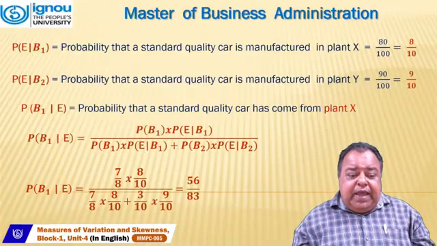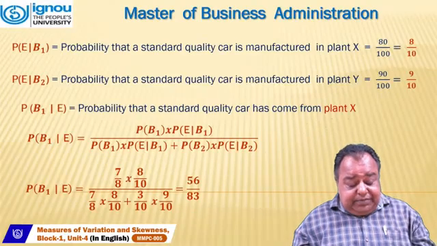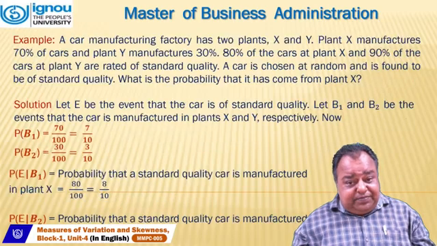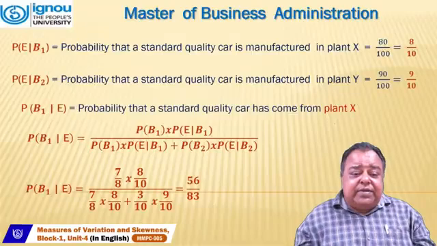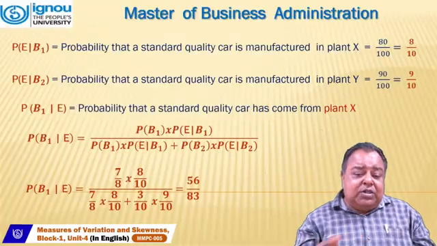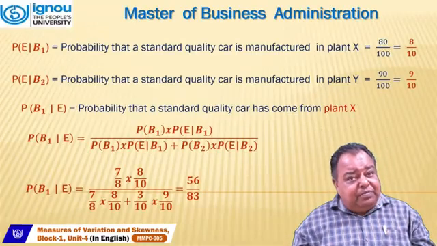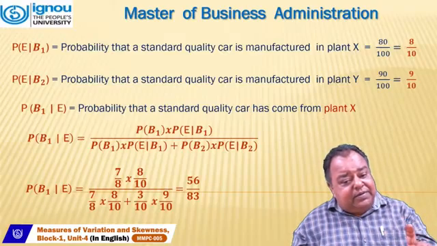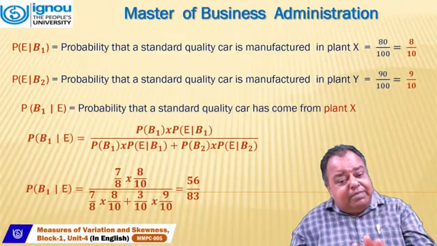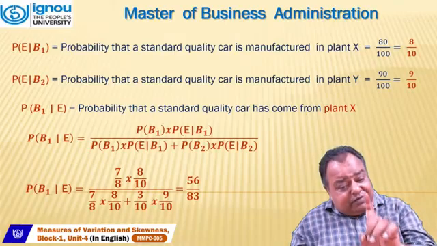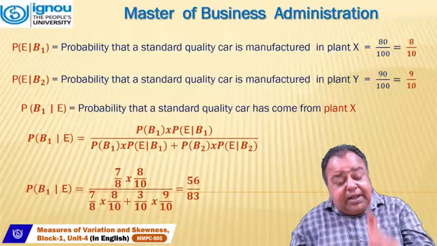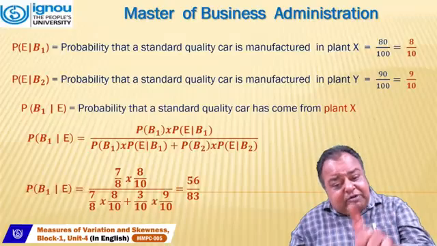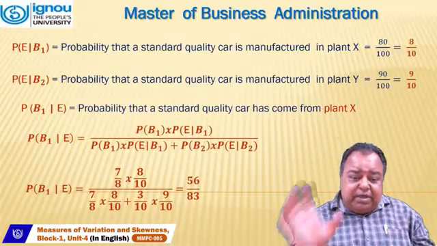Now we have to evaluate that the car we have chosen has come from plant X. So in the numerator, we will have the probability of selecting a car from plant 1, B1, multiplied by the probability that the car is of standard quality given plant 1, that is P(E by B1).